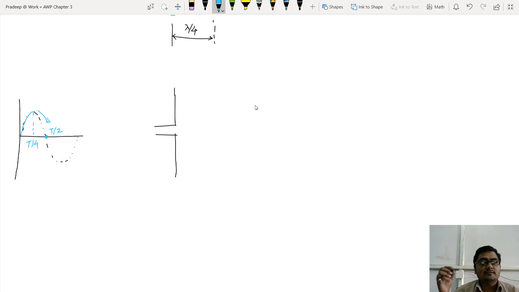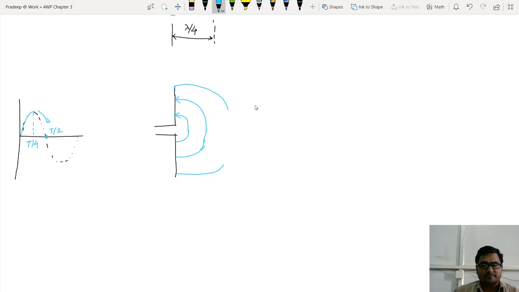So the electric field component's direction has to be reversed. Look at this. This is now complete reverse bias.